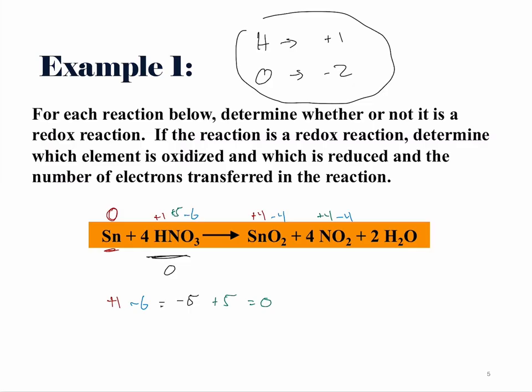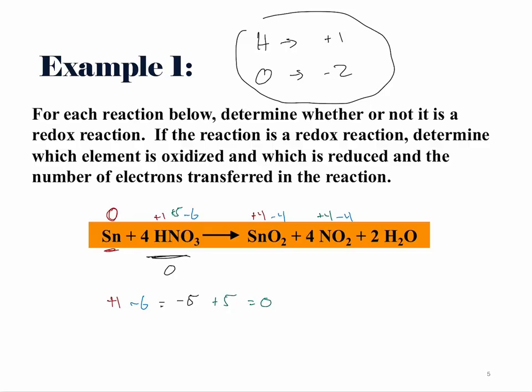We could look at the water molecule too, but that's not going to really tell us much about the movement of electrons because hydrogen and oxygen aren't going to be oxidized or reduced in these cases. Why? Because we actually analyze oxidation and reduction in terms of movement of oxygen and hydrogen. It would be like saying, if those were two electrons right there, did the electrons get oxidized or reduced? It doesn't necessarily make sense, right? So we're not going to look at H2O for that reason. We're looking at the other heteroatoms that are not hydrogen or oxygen.